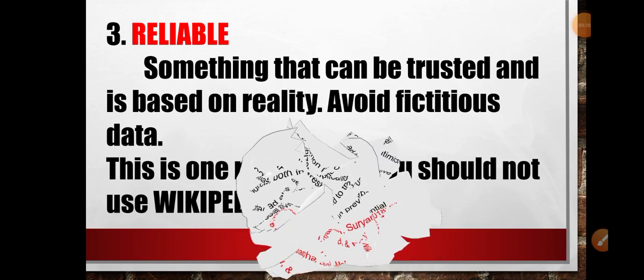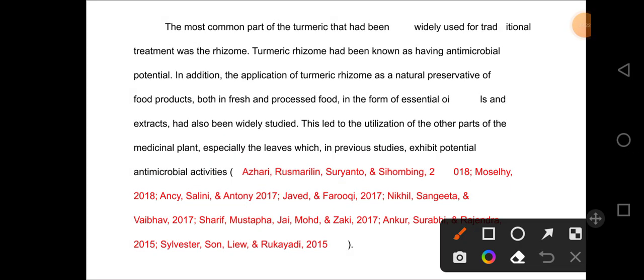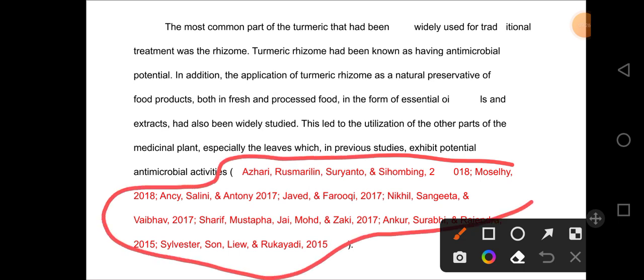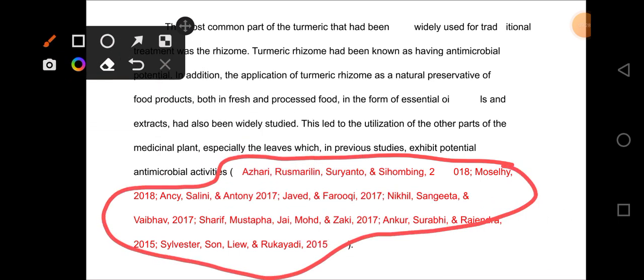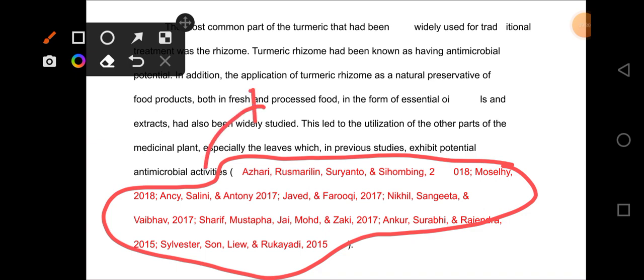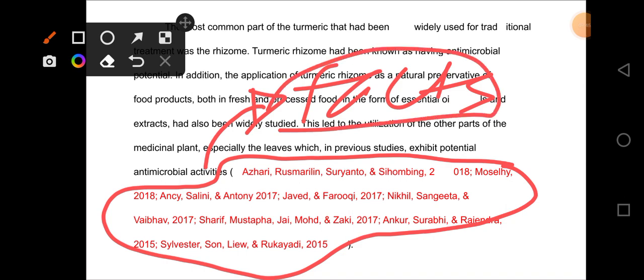Okay, in our example here, we have highlighted these citations, and this tells us that our study is based on trusted sources. They are based on facts. Okay, they are factual.